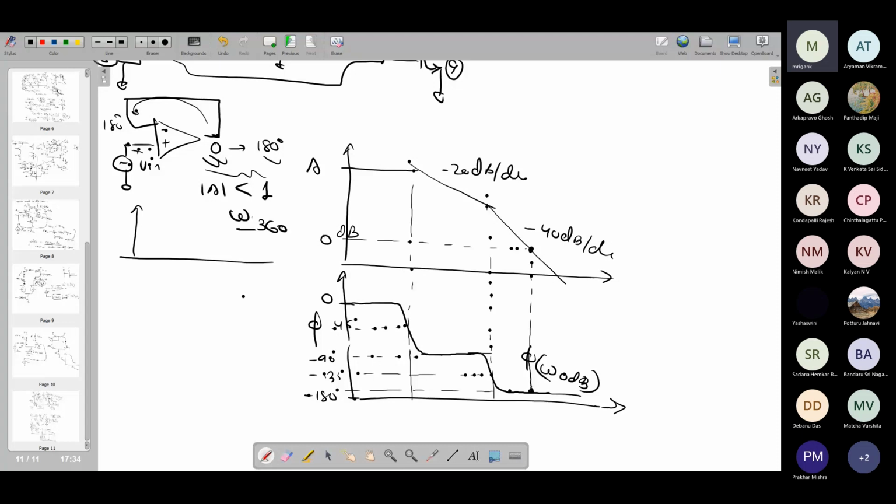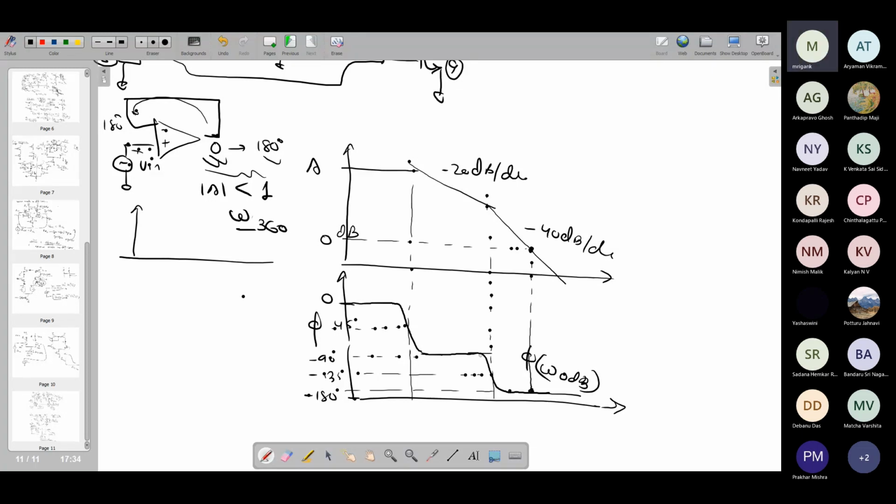Now you're looking at the frequency at which the gain itself has become 0 dB. At that frequency, if your phase is already 180 degree or lower than that, that means the overall phase shift is 360 degree or more. That means at a lower frequency itself, the overall phase shift has become 360 degree.